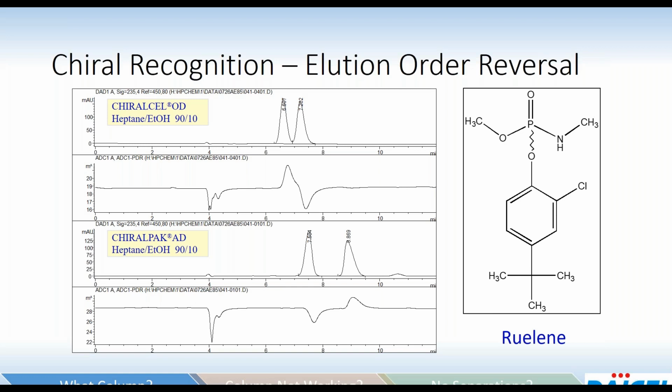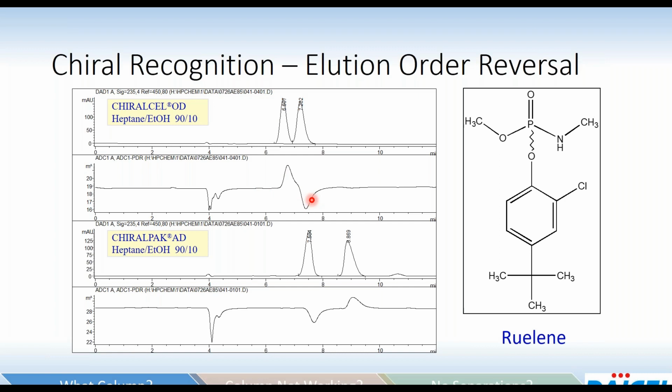Up top here, rulene separates very well on Chiralcel OD, which is the coated 3,5-dimethylphenylcarbamate on cellulose. With heptane ethanol as a mobile phase here, nice two-peak separation. We don't necessarily know which enantiomer is coming out first, but if we look at this chiral detector trace, you see here that the positive inflection is coming out first, the negative inflection is coming out second.